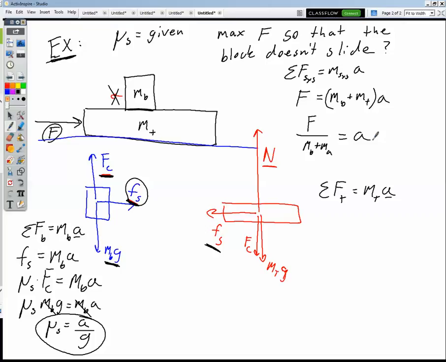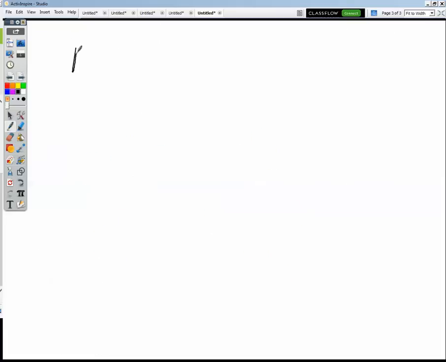Oh, we weren't solving for the coefficient. We're solving for the force, right? So we've got an acceleration down here in our mu equation, and we've got an acceleration here. We're solving for F. So let's go back to this equation. Let's write that on the next page, as well as our mu equation. So we have mu sub s is equal to a over g, and we have F is equal to the total mass, mass of the block plus mass of the textbook, times a.